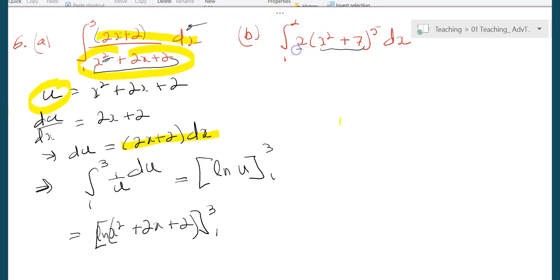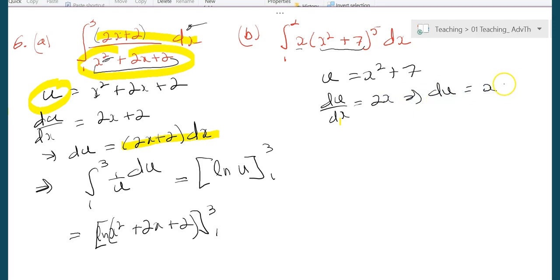In the second problem, this looks complicated, but notice that we have x^2 + 7, and then outside we just have an x and a dx. So again, the rule is that you let the higher order expression be substituted by u. If we let u = x^2 + 7, then du/dx is 2x, which implies du is 2x dx.